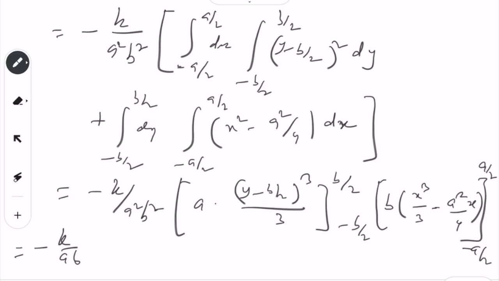Then if you put b over 2 here, we get 0, so that means this value becomes 0, and then we get minus b over 2, we get b, so b cube, so basically the value becomes, we can write it like this, so 0 minus.